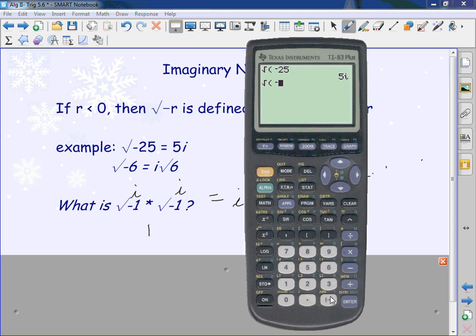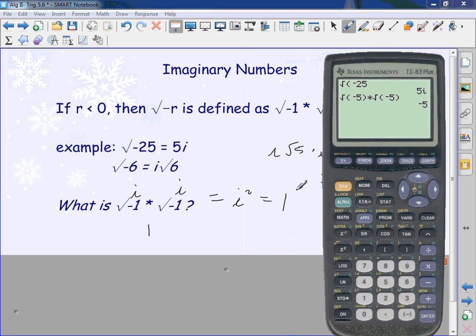Like Malik said, the square root of negative 5 times the square root of negative 5. Oh, sorry, I messed up. It should be negative 1.